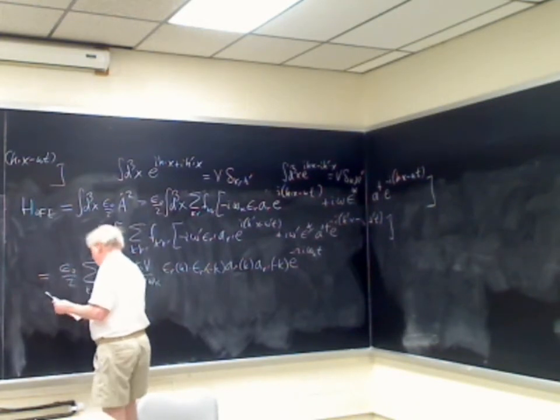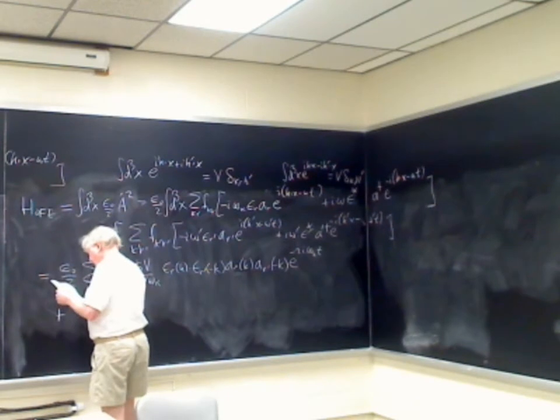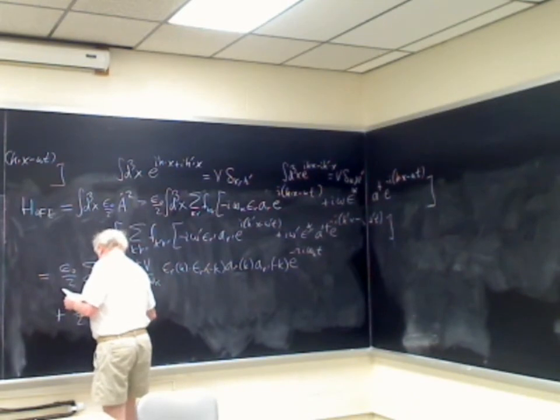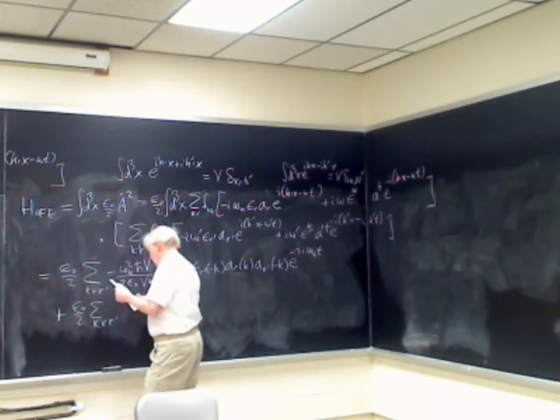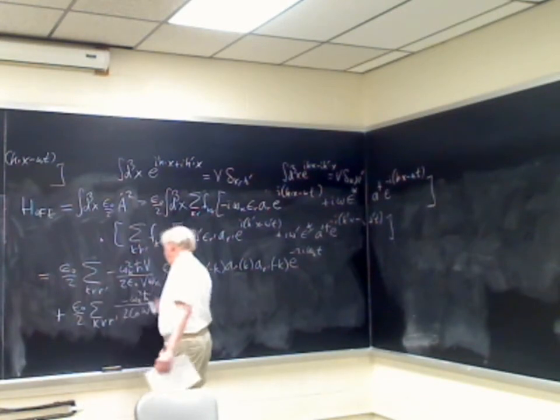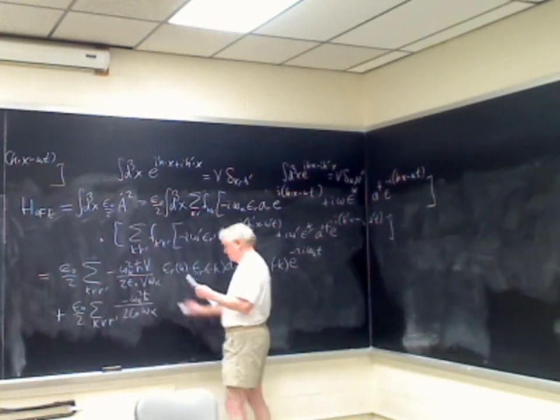The second term here is ε₀/2 sum of k, r, and r', minus ω squared, h bar over 2 ε₀ ω_k. Well, in this case, I cancel these.